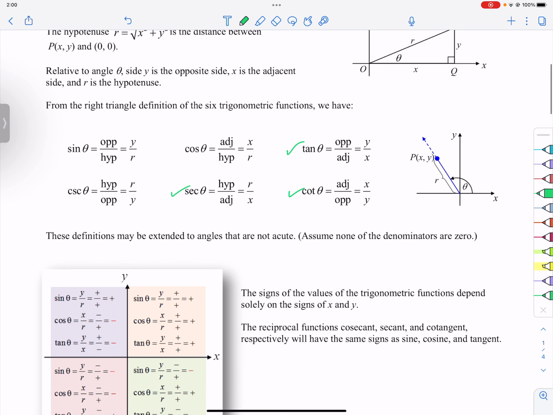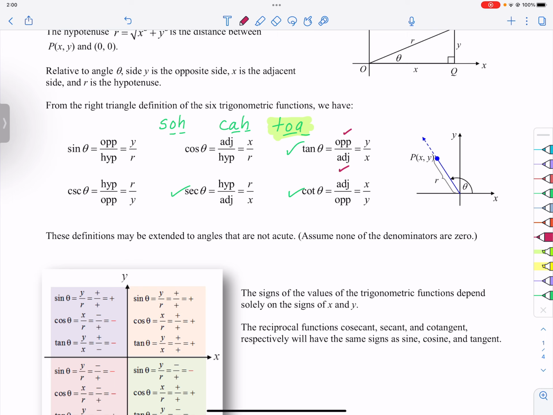And we already understand that we used SOH CAH TOA. So for example, let's just look at the tangent is equal to the opposite over the adjacent side.